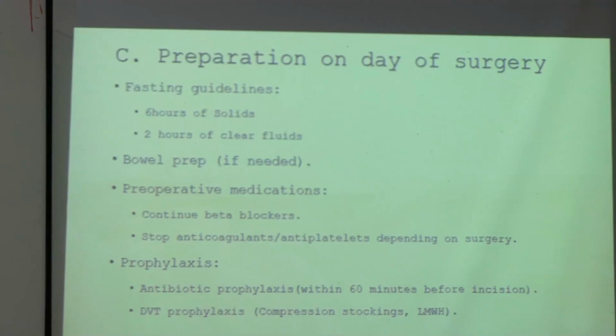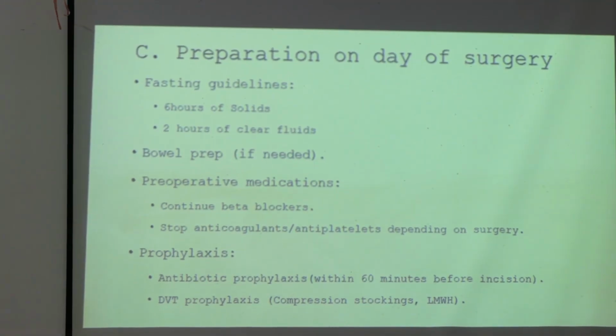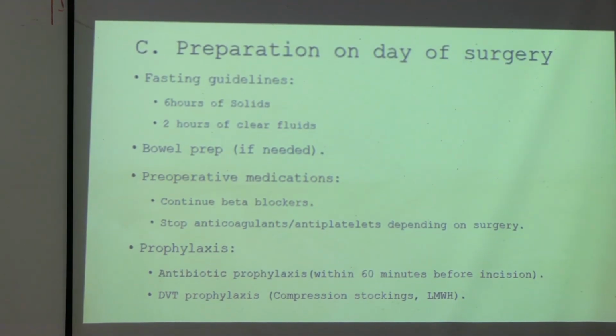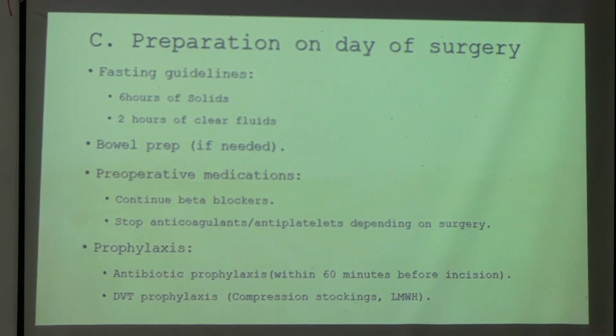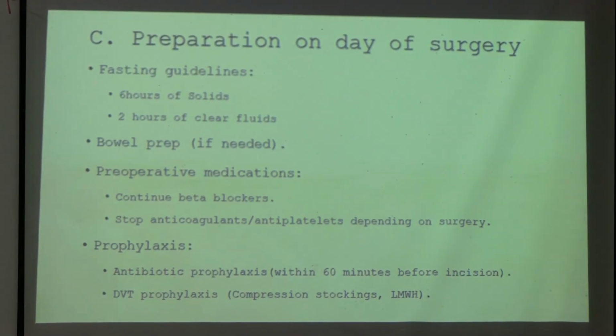Then preoperative medications are important. If the patient is taking beta blockers, he should continue with beta blockers. Then stop anticoagulants and antiplatelets, depending on the surgery, depending on the time of surgery, what type of surgery you are going to do.